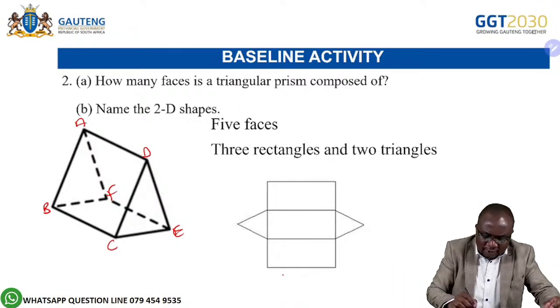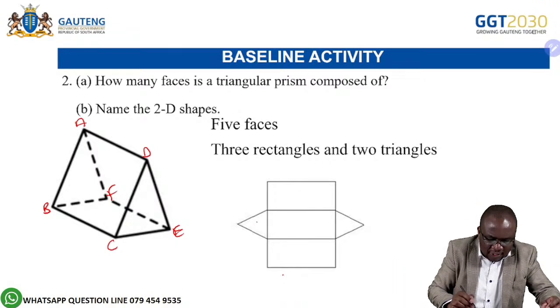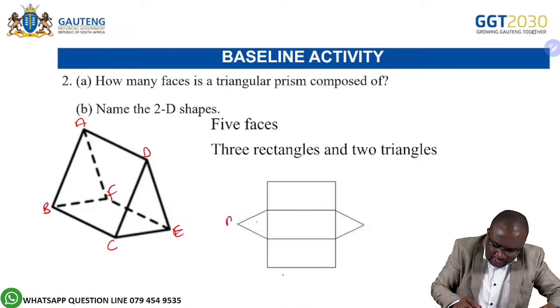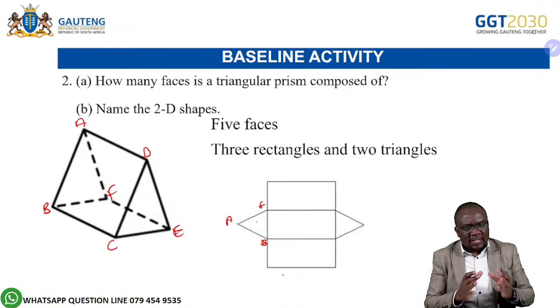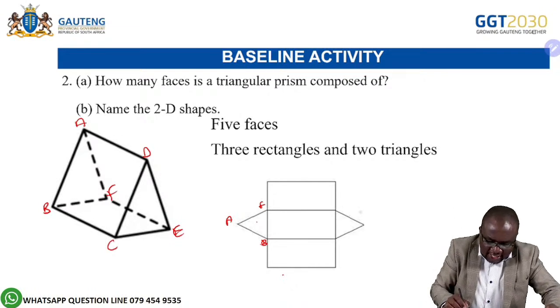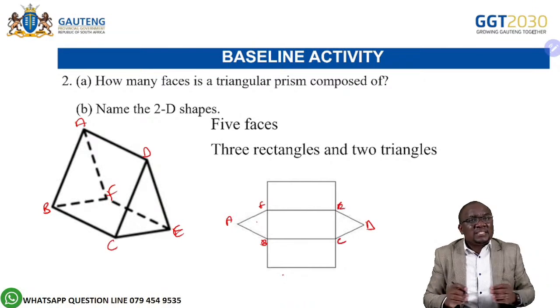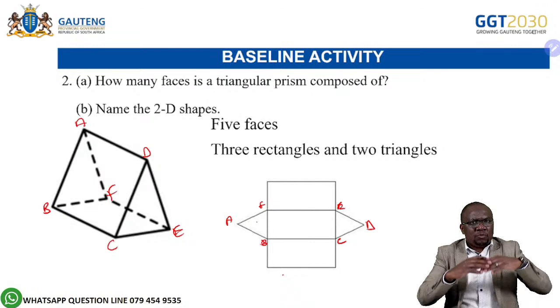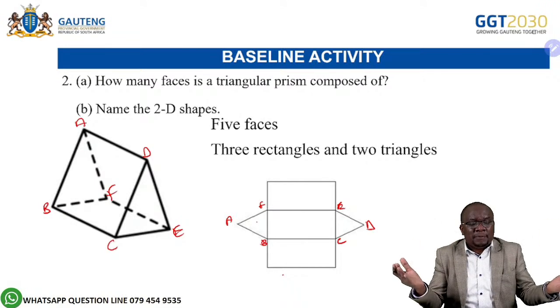We're going to have our triangles. This can be triangle ABF, and this will be triangle DCE. We have opened up the prism.